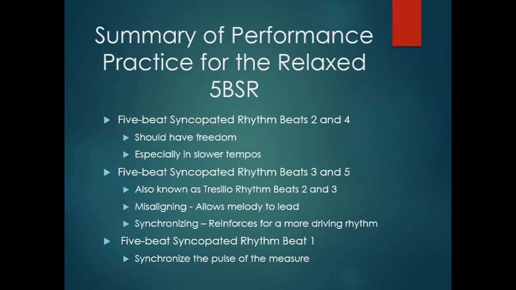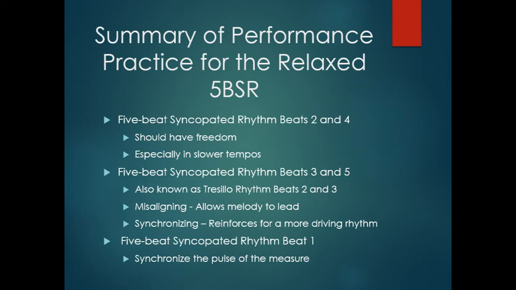So just to summarize the performance practice for the relaxed 5-beat syncopated rhythm, from my dissertation research I presented to you today, I believe that with the 5-beat syncopated rhythm, beats 2 and 4 should have freedom to fluctuate, since those are the secondary notes added to the tercia rhythm.